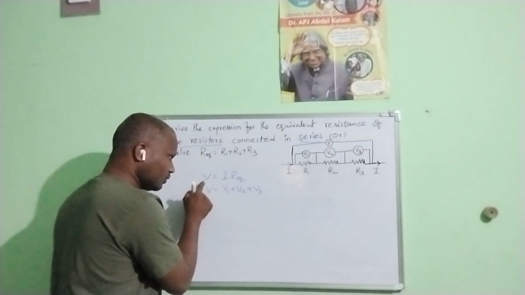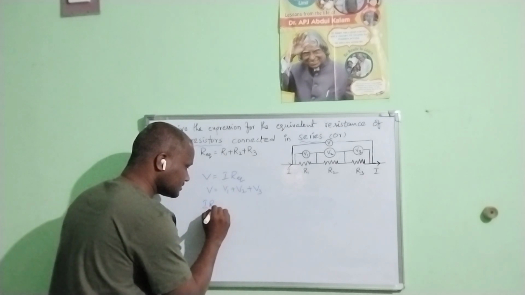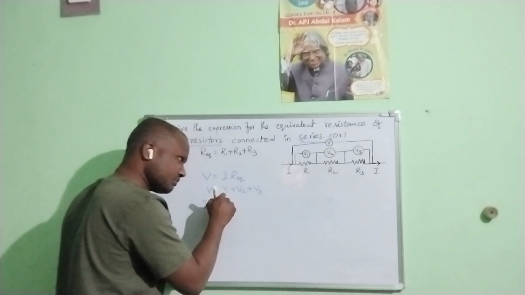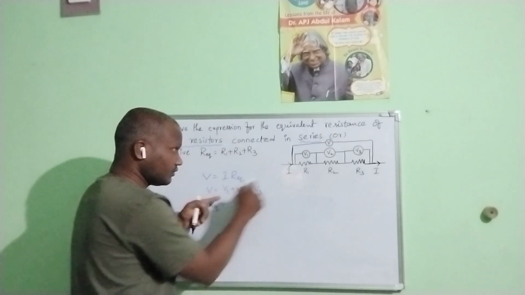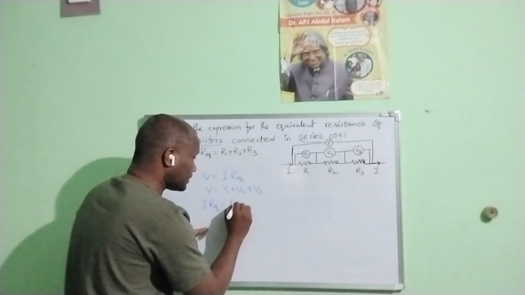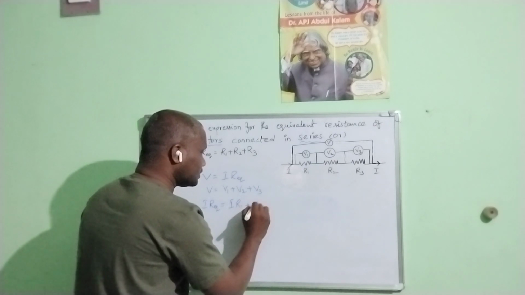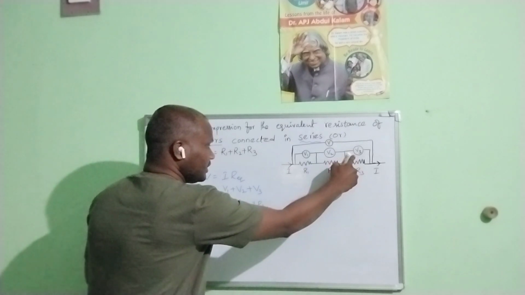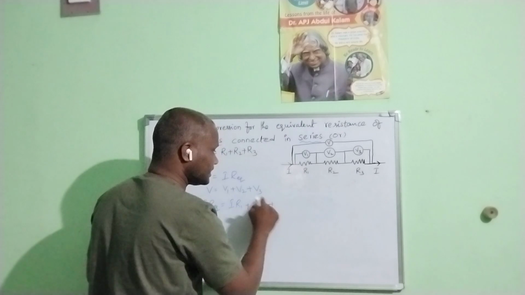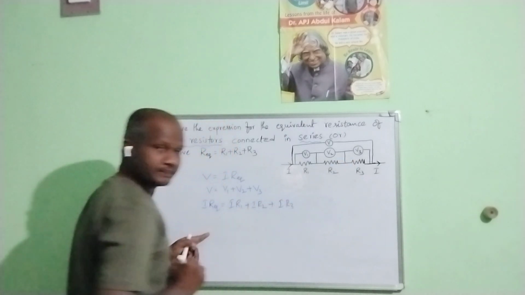So already we know the V value is I into R equivalent, and V1, already we wrote, is equal to I into R1, and V2 is equal to I into R2. V3 is equal to, from this diagram, I R3.